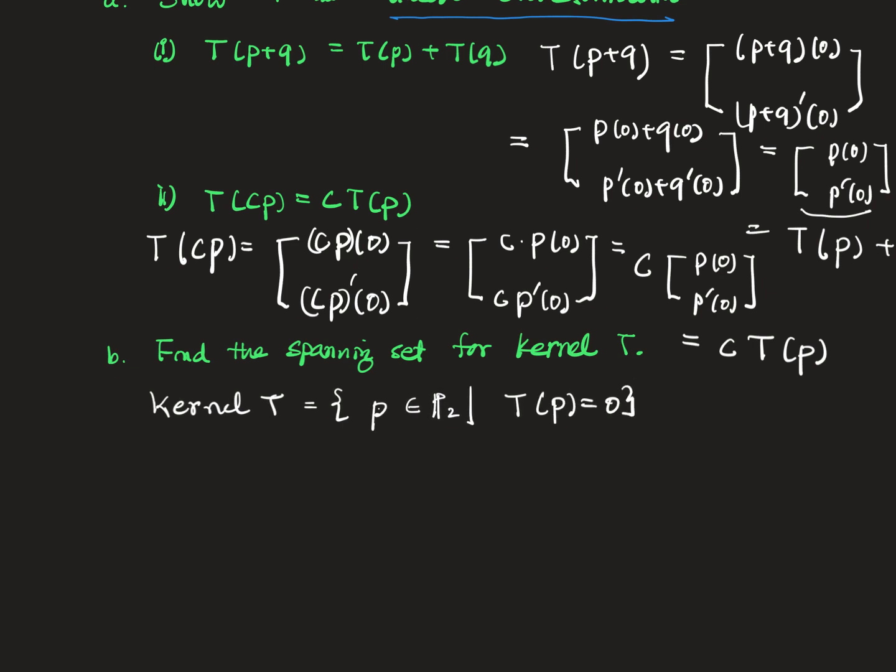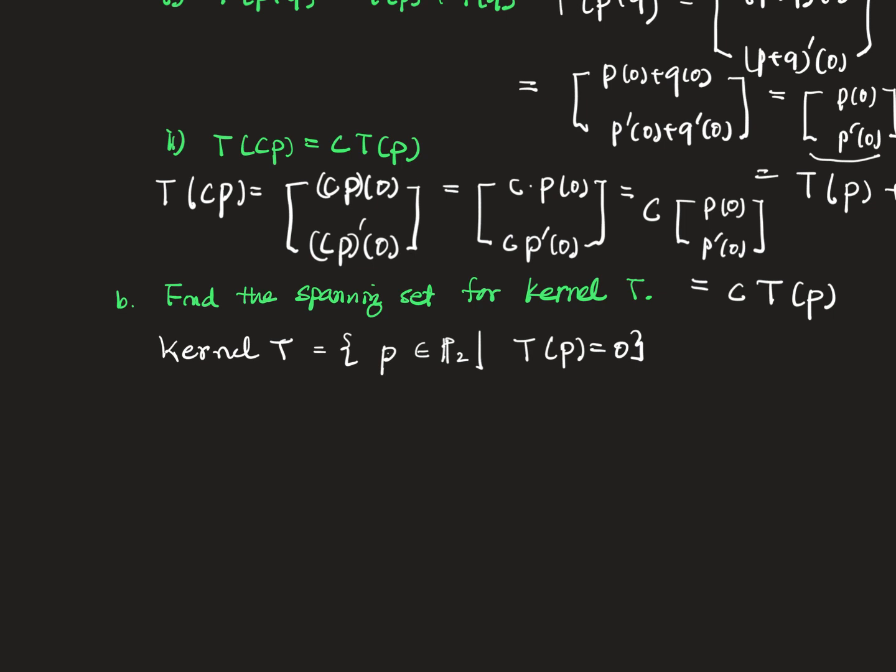That's what the kernel of T means, okay? So let's do this and find the vectors. A vector means a function, the same meaning. So let's do the T. P is a degree 2 polynomial because that's P2, so I'm going to pick any P in P2.